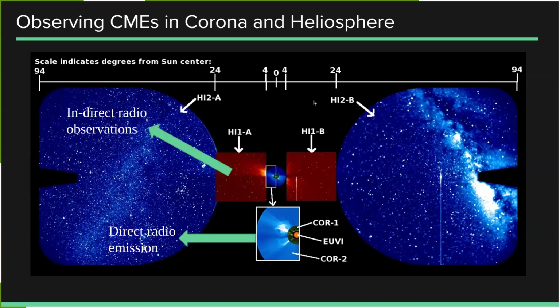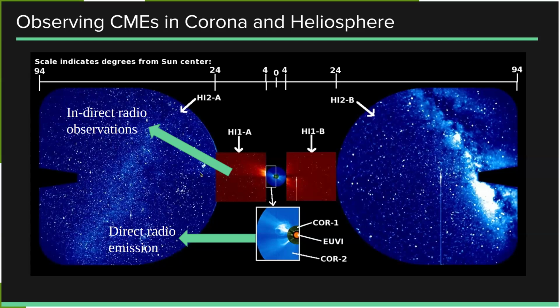But as the CME moves away from the Sun, these emissions become very faint, and the emission frequency goes below the ionospheric cutoff frequency. So in the heliospheric regime, particularly the inner heliosphere, we cannot detect this radio emission directly from the CME plasma. But what we can use are the background galactic and extragalactic radio sources.